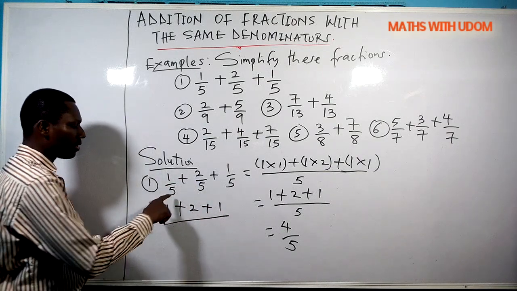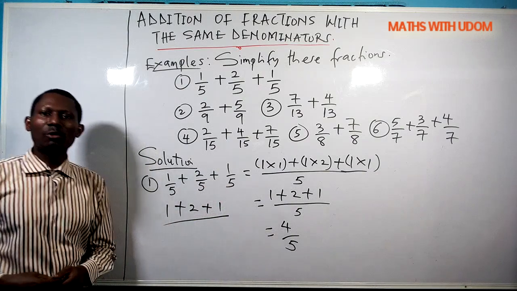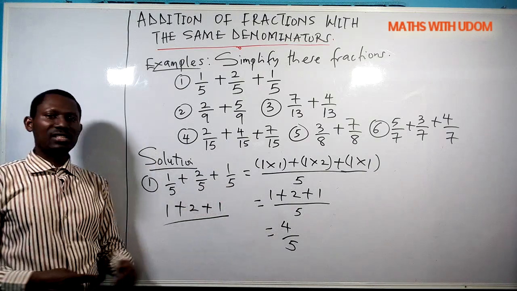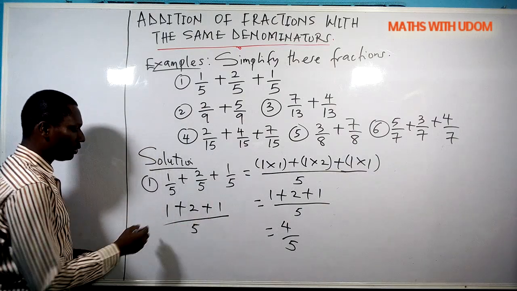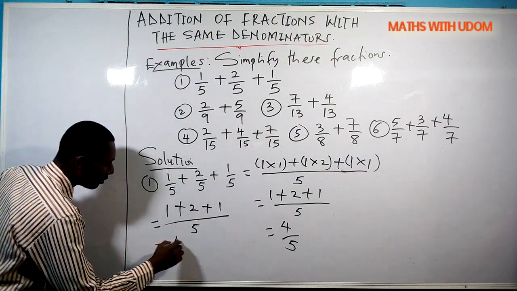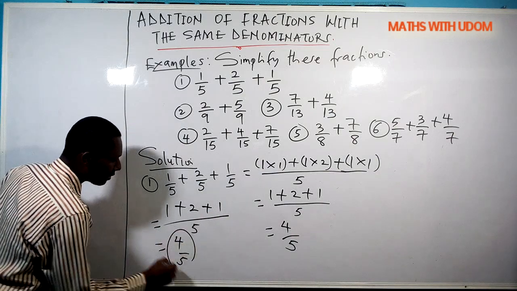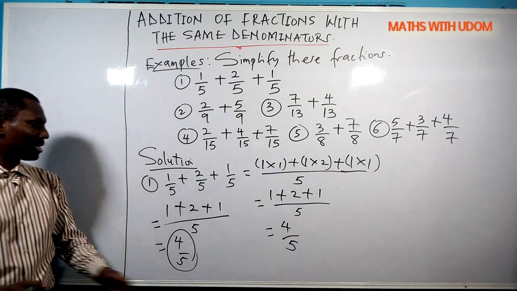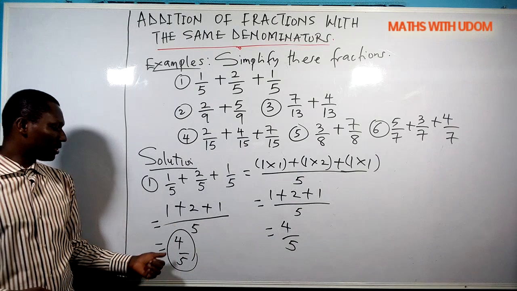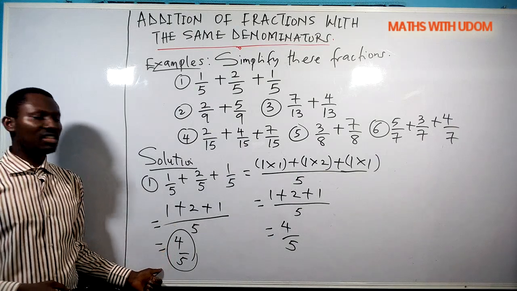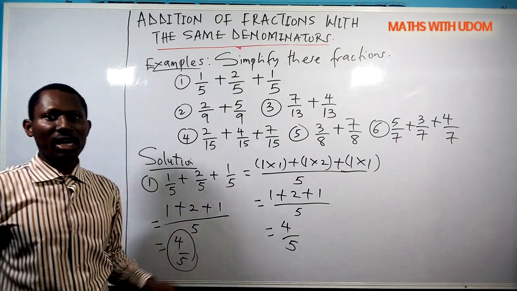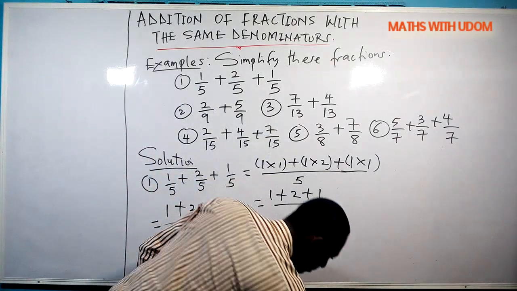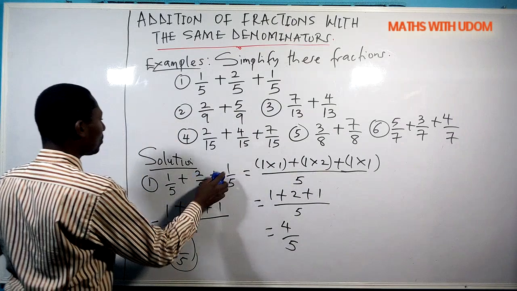Place your results over one of the denominators, because they all have the same denominator, which is 5. If you add everything together, you get 4 divided by 5. You can see that we've got the same result as the first one. So this one is just a quick method, and that's how we're going to solve the other examples. Is that okay? So let's move to number 2.